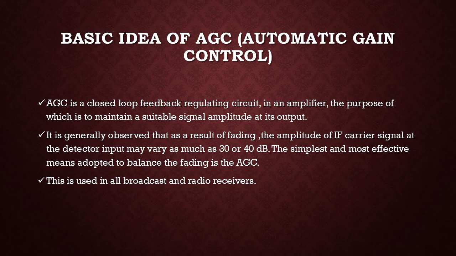On the other hand, at the carrier maximum, the output of the loudspeaker becomes intolerably large. So, the simplest and most effective means adopted to balance the fading is the AGC. It is used in all broadcast radio receivers.